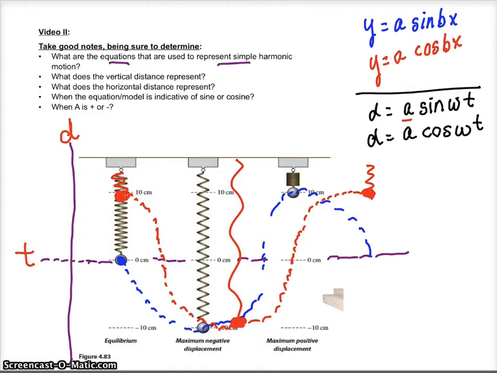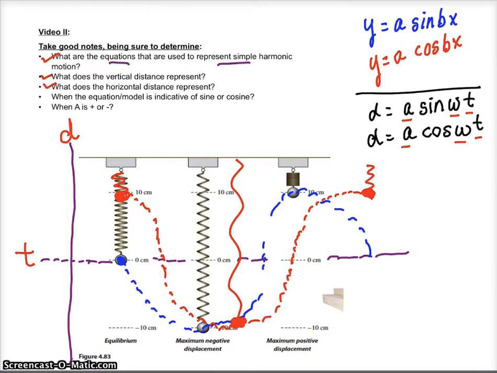A still corresponds to the amplitude, omega corresponds to b, the coefficient of x, and t corresponds to time. So rather than having an angle along your x-axis, time will be represented along the x-axis. So simple harmonic motion is represented as displacement as a function of time, and I should say vertical displacement as a function of time. So we now understand the types of equations that are used. The vertical distance represents our displacement, and the horizontal distance represents time.